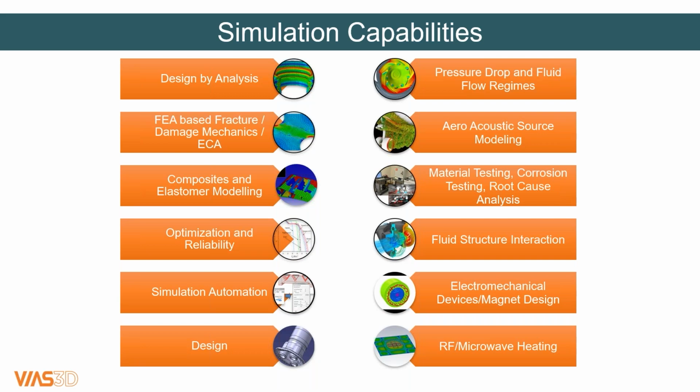Again, this is the focus of this webinar. We have listed some of the CFD topics, such as aeroacoustic modeling, pressure drop, and flow regimes, and some electromagnetics topics, such as microwave heating, electromechanical modeling, and so on. This is just to give a brief overview of some of our simulation capabilities.